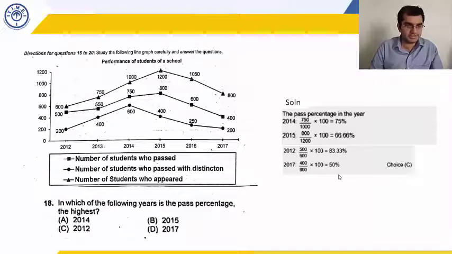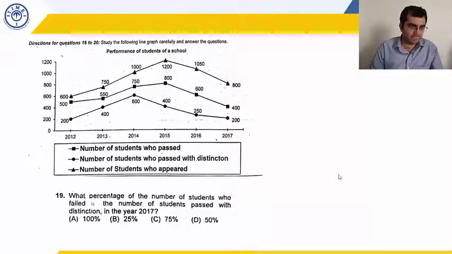Okay, next question. What percentage of the number of students who failed is the number of students who passed with distinction in the year 2017? Take 30 seconds. Read the question slowly.